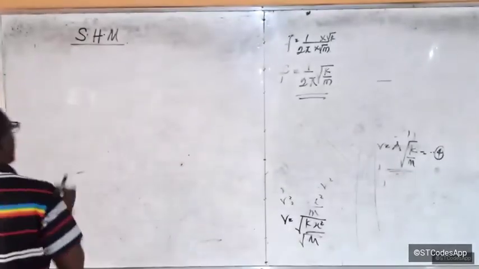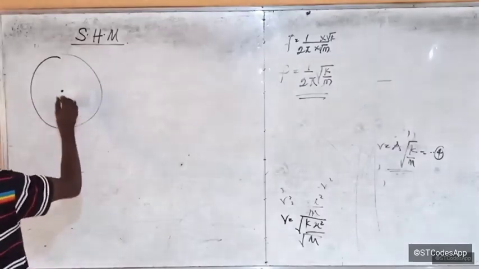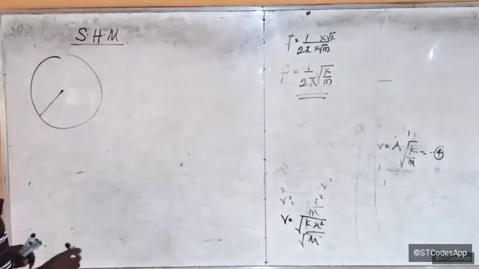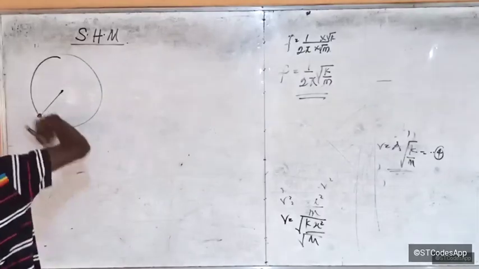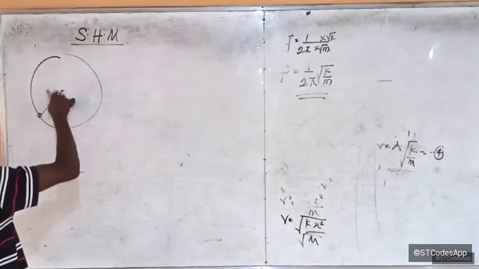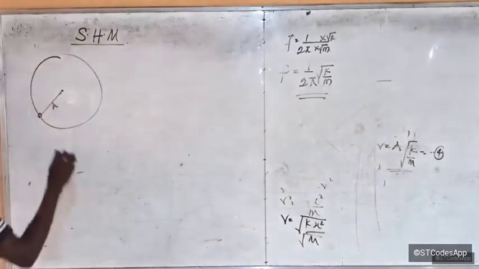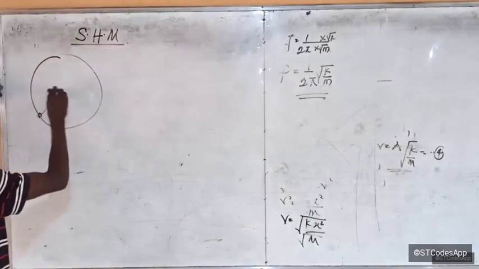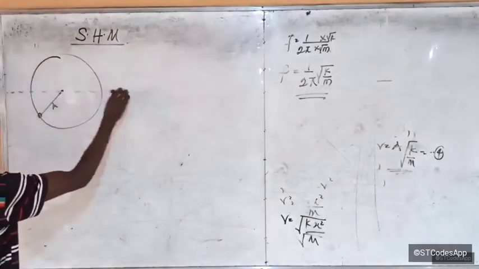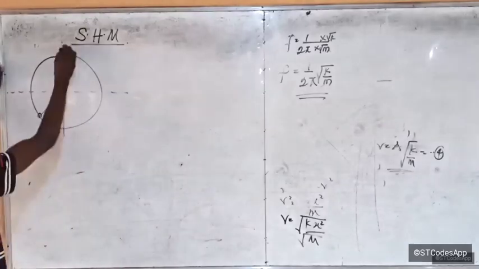As in, for example, since the body is moving in a circular path like this, if the body is around here, this is the amplitude, isn't it? But relative to the horizontal, we have two axes of symmetry in this circle, the y plane and the x plane.